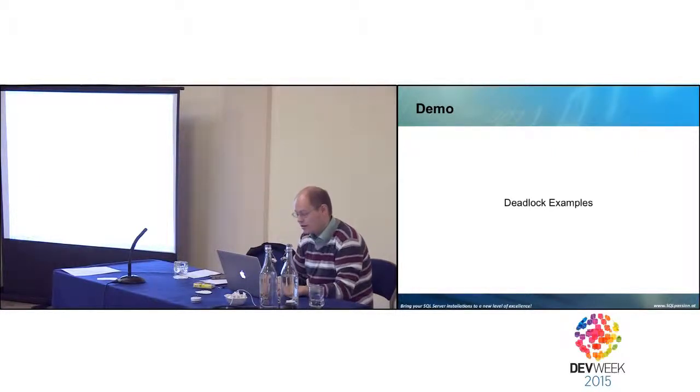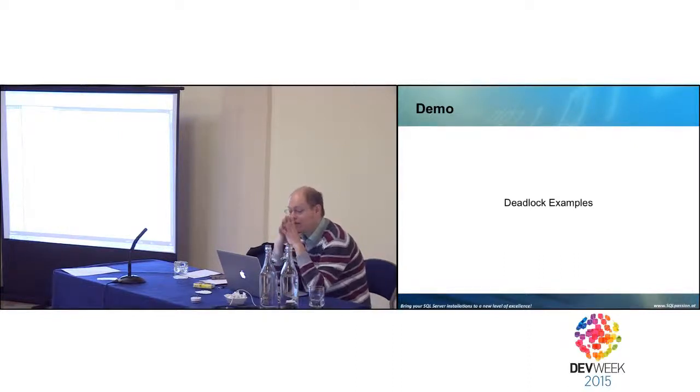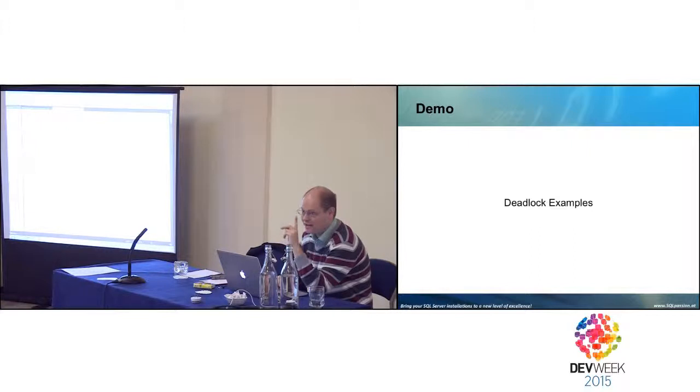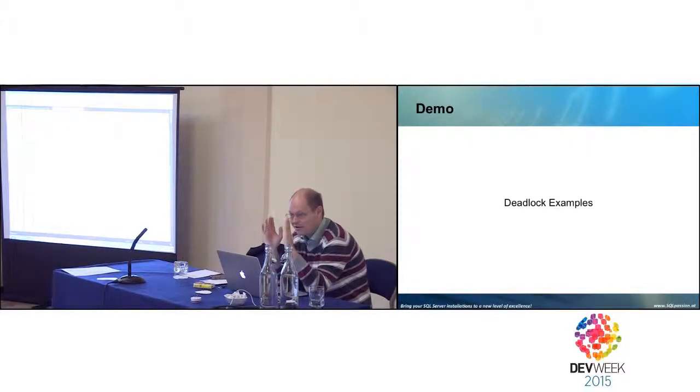So what we do now in the next step, in the first session, I'm updating table T2. We can't acquire that exclusive lock because the second session has already an exclusive lock. That means now we're in a deadlock because everyone waits on the other one.